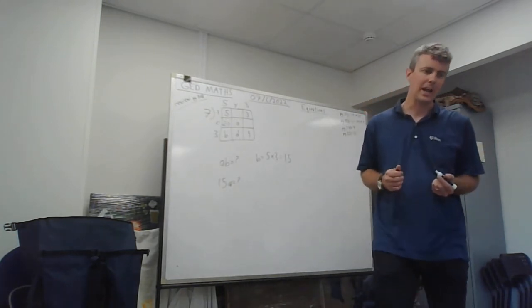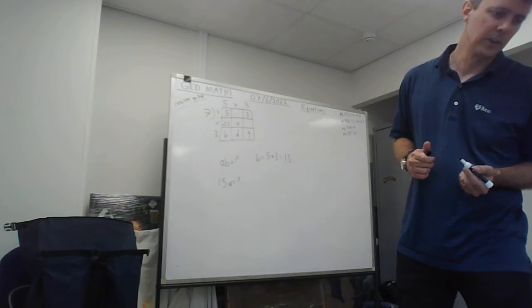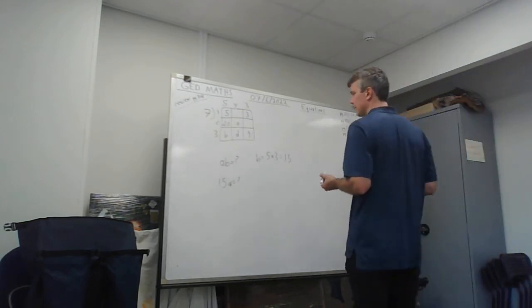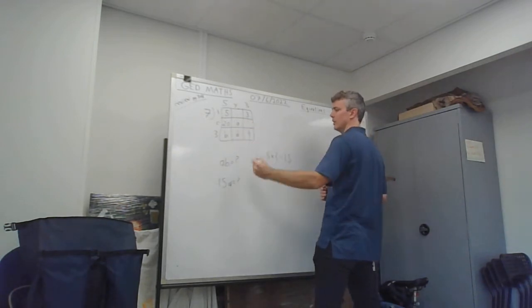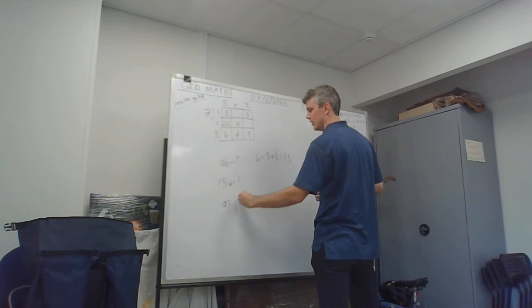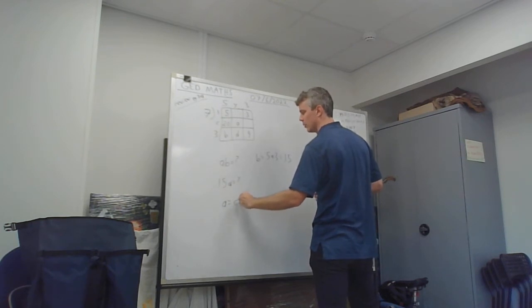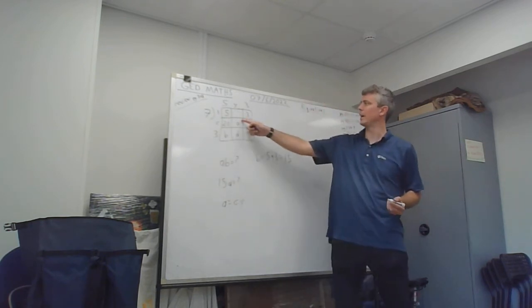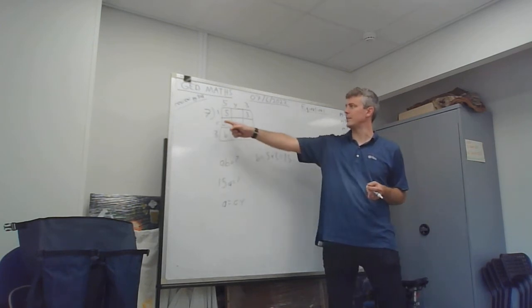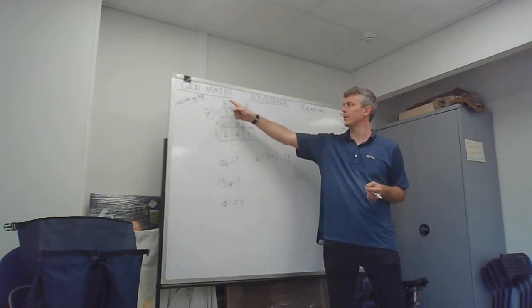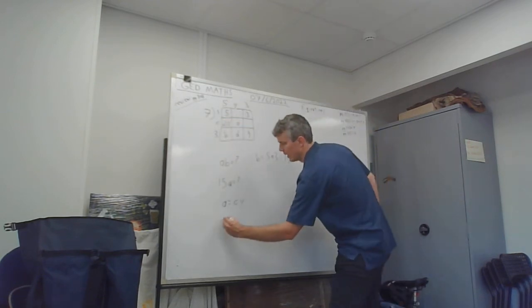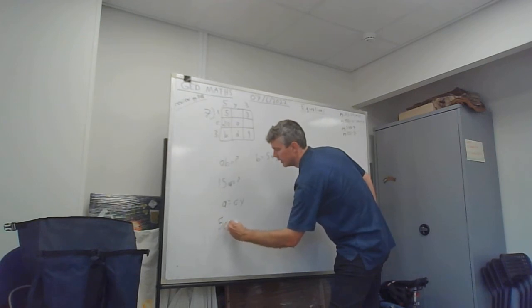Now, we're going to have to do a few things, because we know A equals C times Y. And here we have 5 times C equals 20.